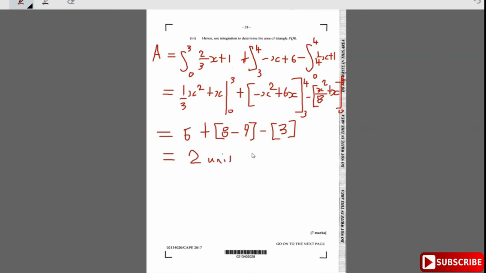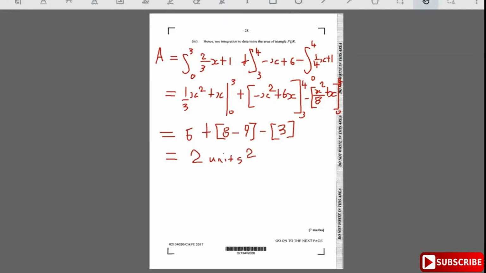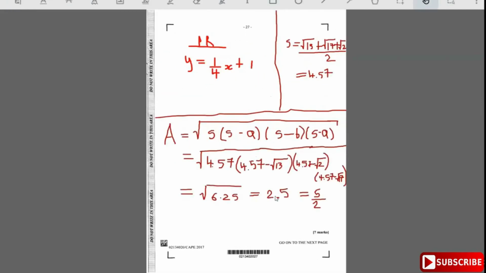But when I use the formula, I was getting 2.5. Why was that? Let's check back and see if I made any error here. That's why I like to do it both ways. I can definitely tell if I'm correct.